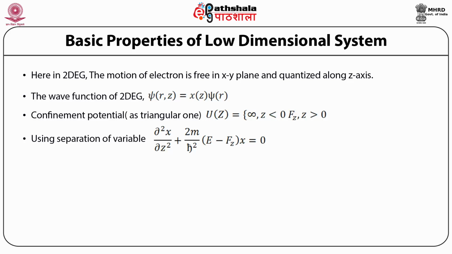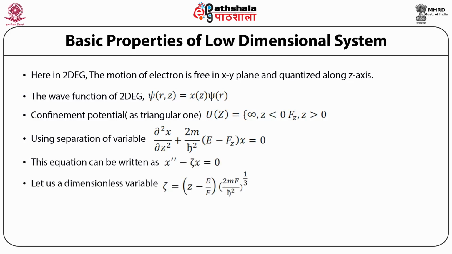So the above equation, that is the Schrödinger equation, can be expressed using the new variable ζ as χ'' − ζχ = 0, which is solved with the boundary conditions at infinity and at z equal to 0, and the solution has the form χ(ζ) = A Ai(ζ).